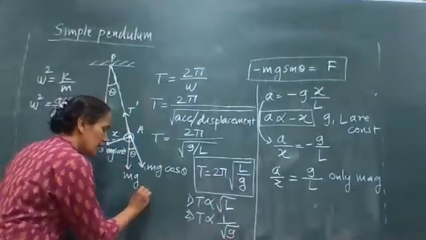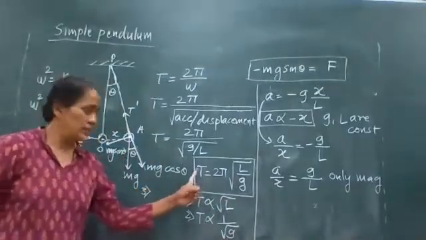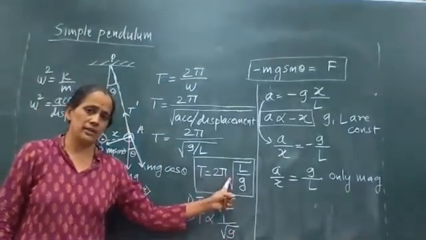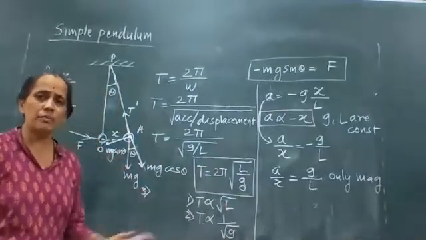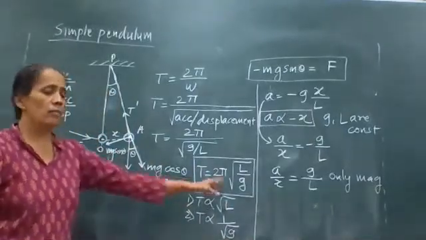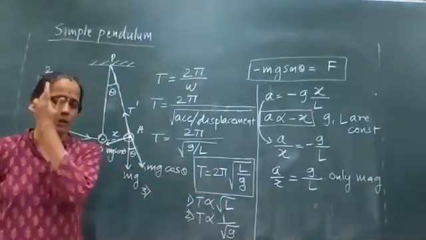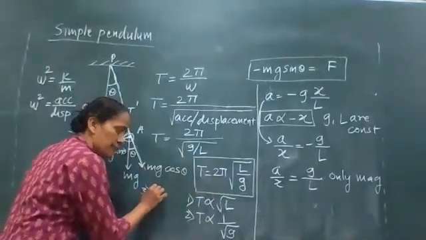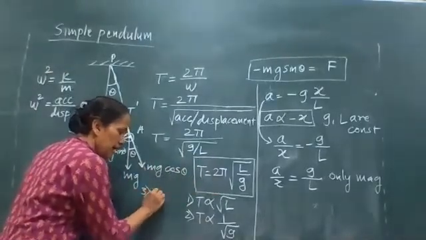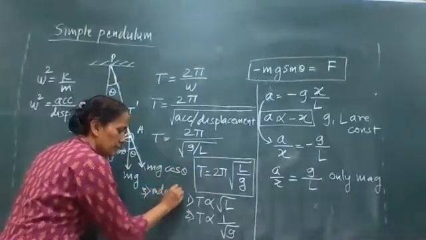Then, third conclusion: in this period formula, the mass of the bob is not included. Whatever may be the mass, the period formula will remain the same. Means the period is independent of mass.